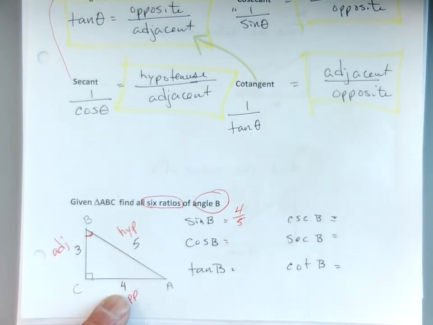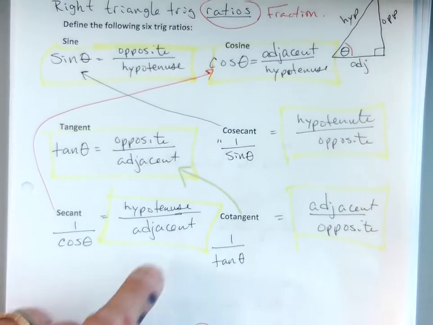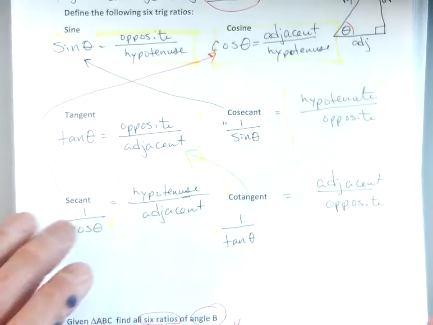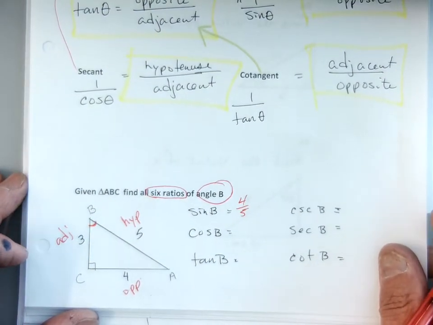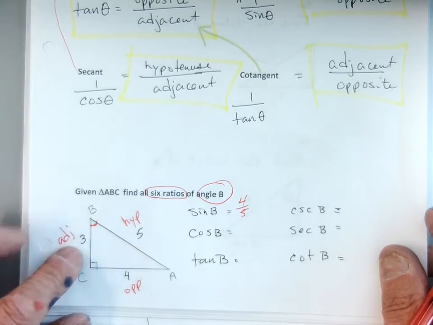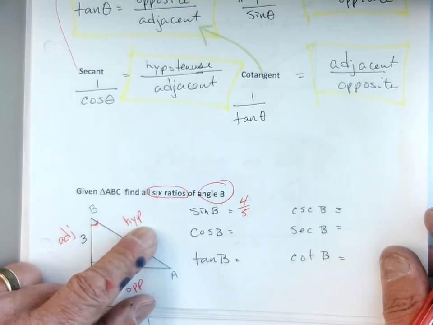That's the answer. Cosine of B. Well, what does cosine say? Adjacent over hypotenuse. So what's the answer to cosine of B? Adjacent is 3 over what's the hypotenuse?